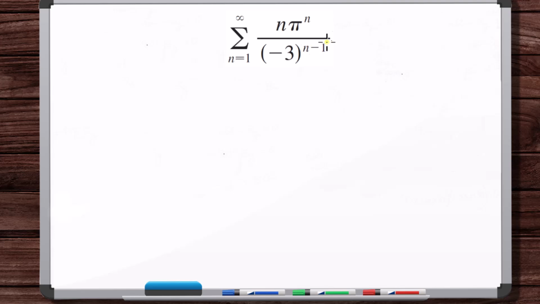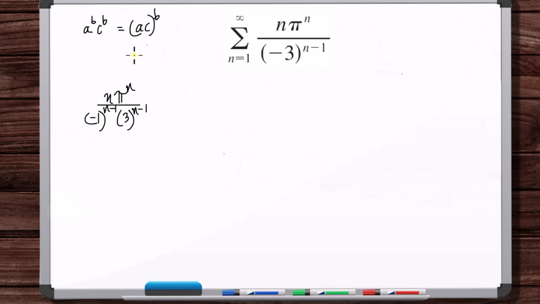So now here we have to think about what the absolute value is going to do. This is minus 1 to the n minus 1. Right? Because if you've got a to the b, c to the b, that's equal to ac to the b.